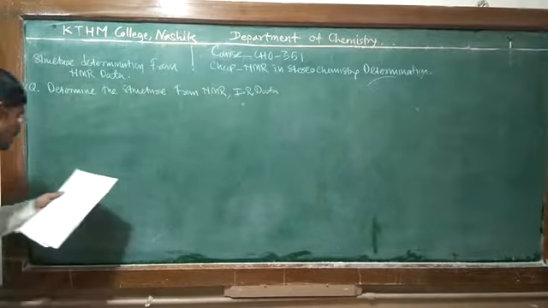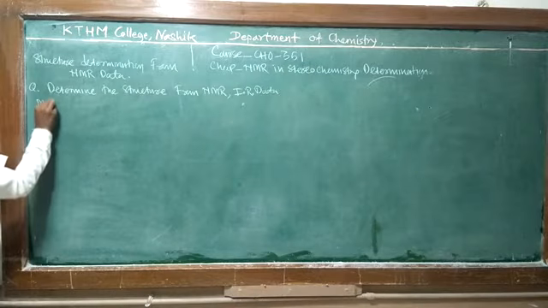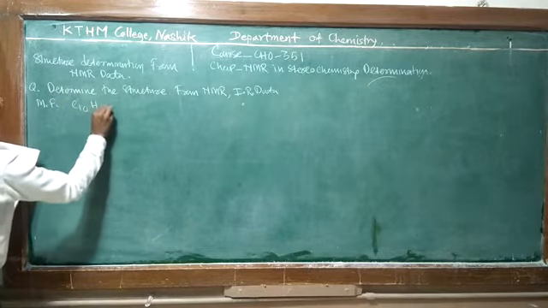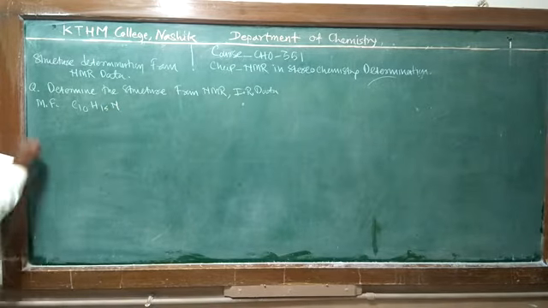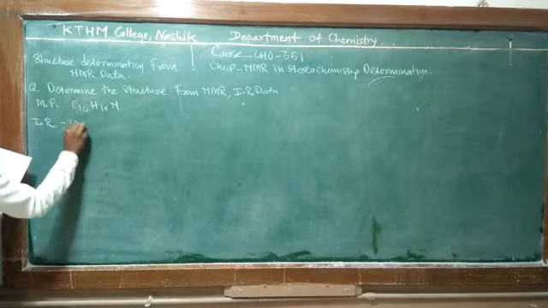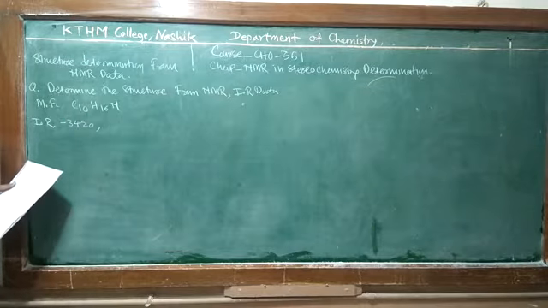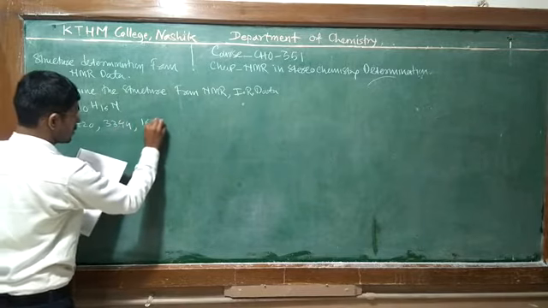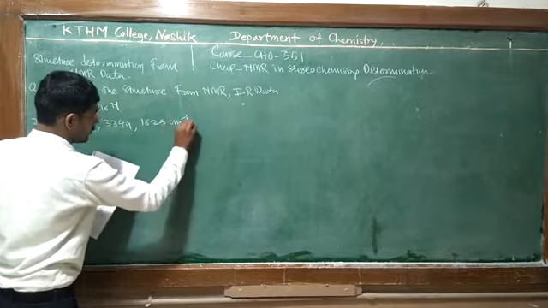Firstly, the molecular formula is given as C10H15N. After that IR data is given: 3420, 3349, and 1625 per centimeter.